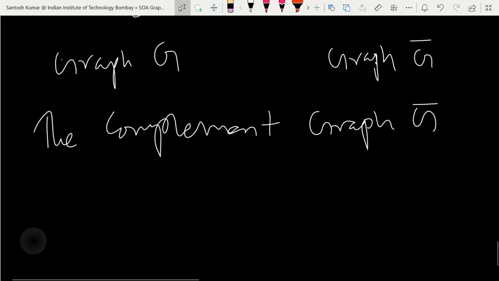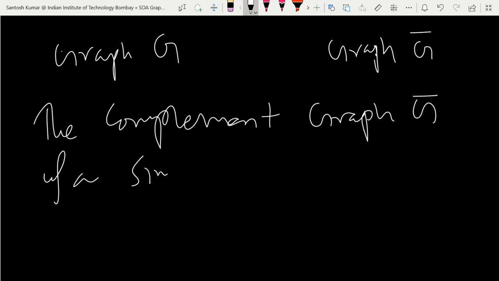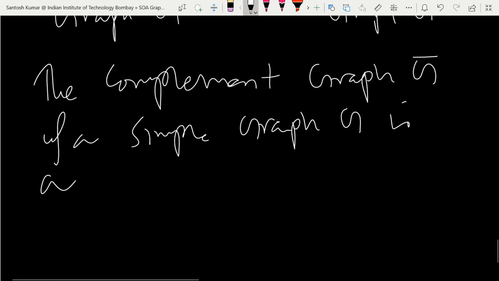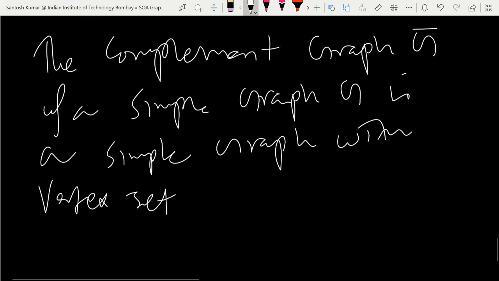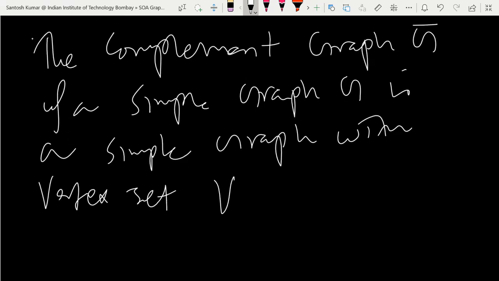So the complement graph G complement of a simple graph G is, if G is a simple graph, then the complement graph will also be a simple graph, with vertex set V of G complement. So the vertex set of G complement I'm talking about.